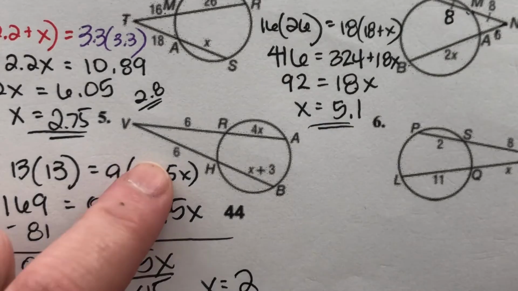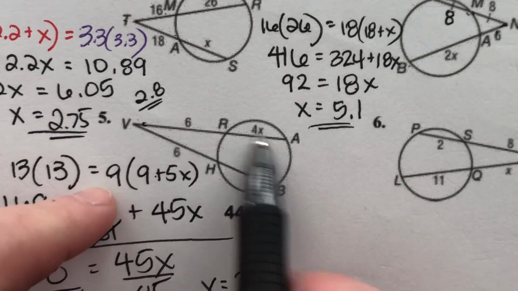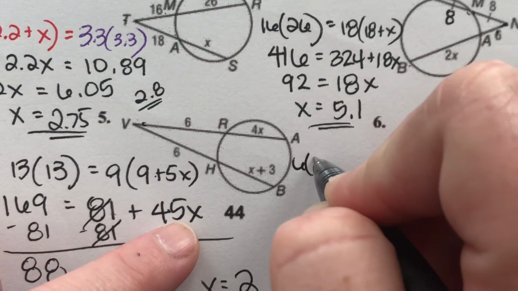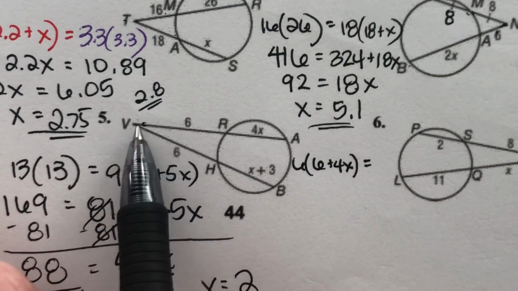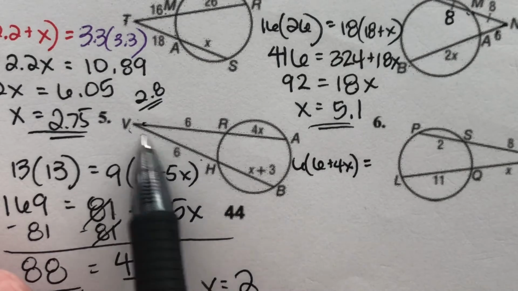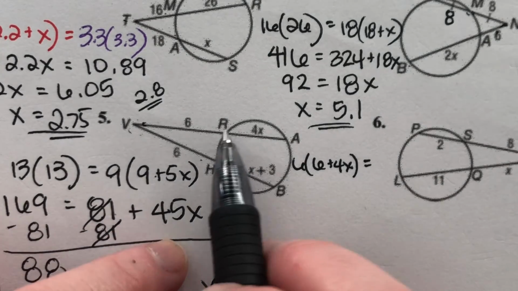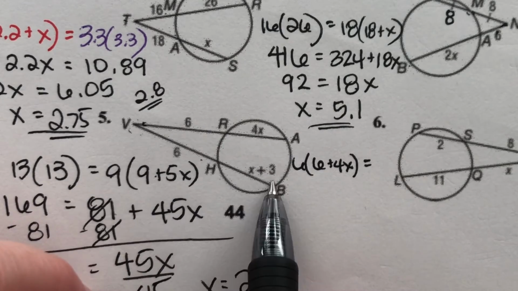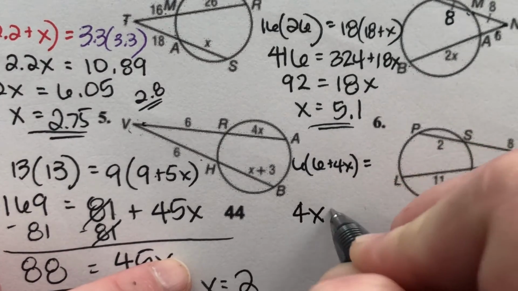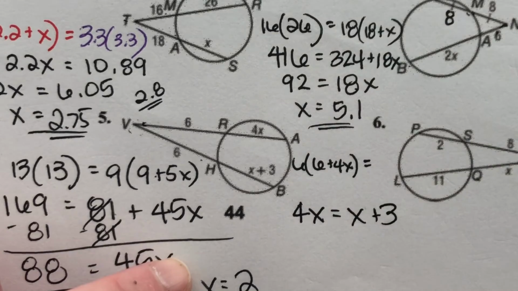Okay, next one, 6 times the whole thing. 6 times 6 plus 4x equals, there's no room to do these, equals 6 times x plus 3. That means if the outside are the same, then the insides are going to have to be the same as well. So we can just set 4x equal to x plus 3.